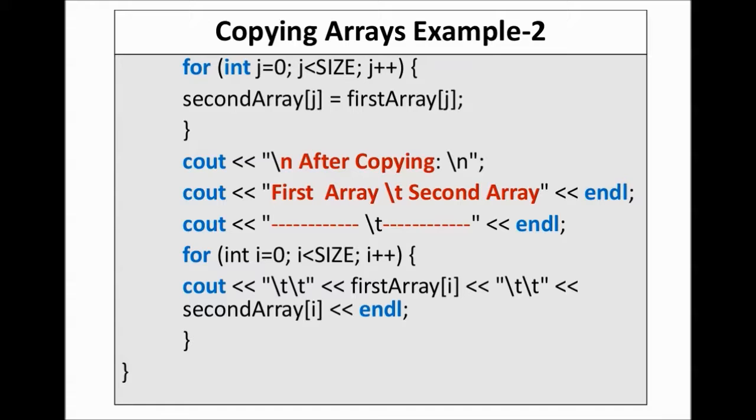Then we print the values on the screen. We write cout after copying, cout first array, second array elements, and we similarly use a for loop to print all the values on the screen. So here is the output of our program.